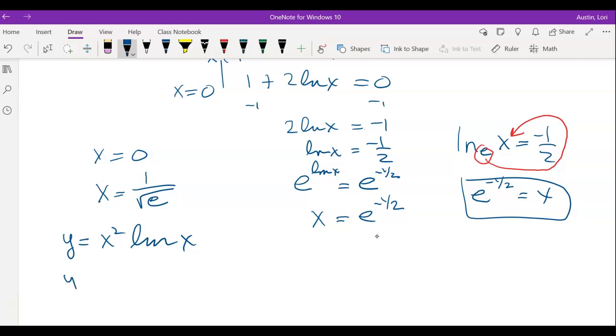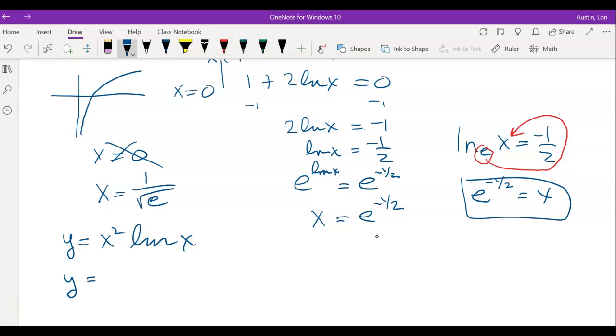What happens when we plug 0 back into the function? Well, you have a lot of issues here. Can you take the natural log of 0? Think of your natural log graph. You should have that graph memorized. Can you take the natural log of 0? No. So forget that one. It's not even in the domain.